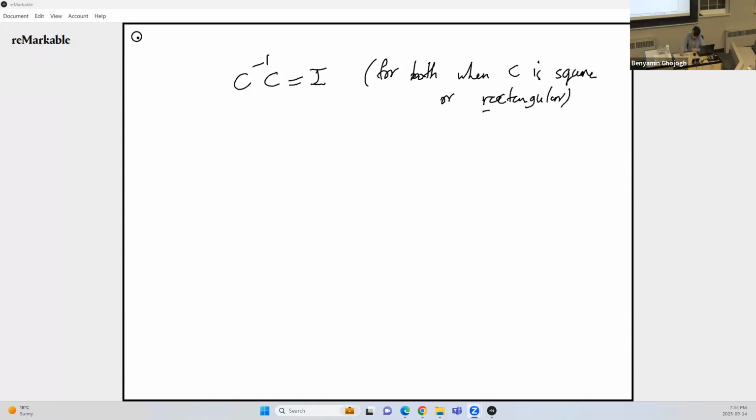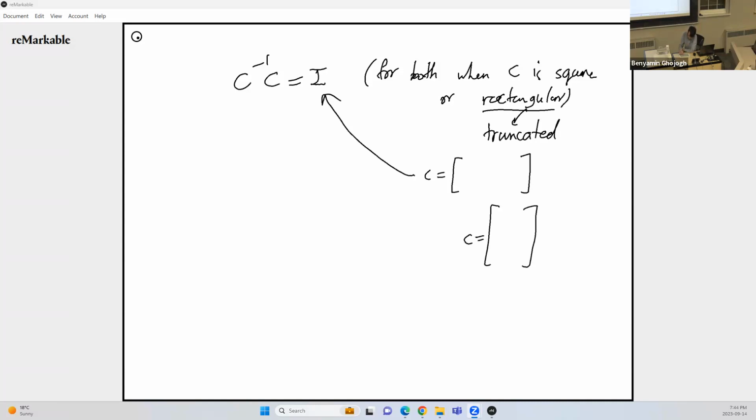What do I mean by rectangular? Also called truncated. Why? Consider this is C, and this was a square. What do I mean by square? The number of rows and columns are the same. So here, this is C. I can truncate some of the columns, so get rid of some of the columns. It becomes like this. For both of these, this is correct.